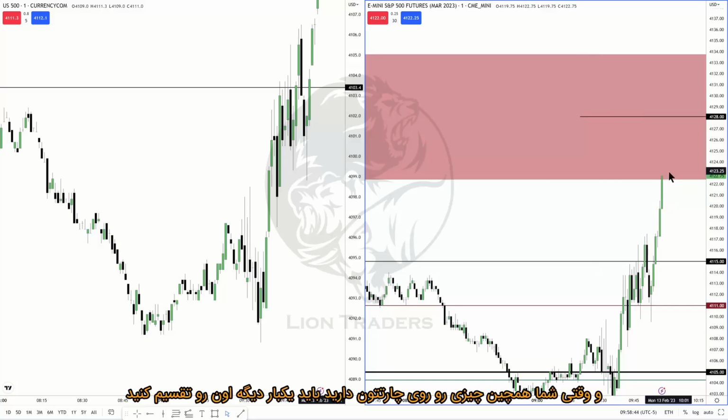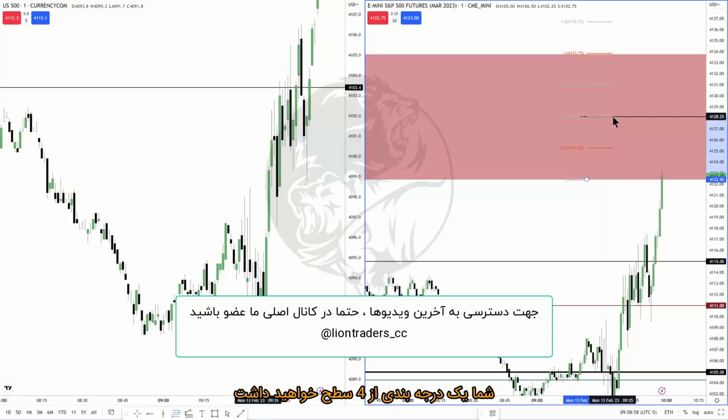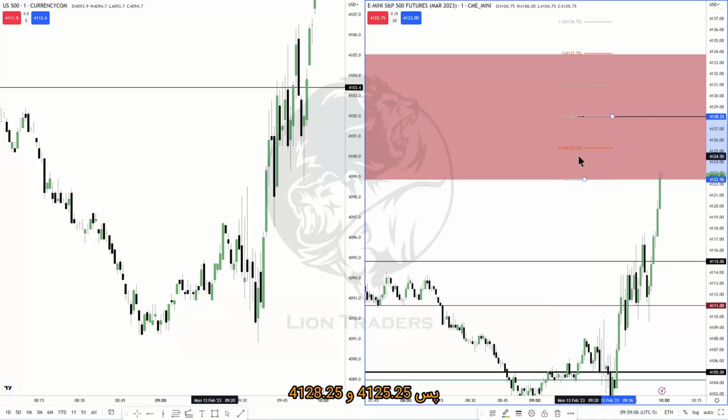And then when I have something like this, you want to split it once more, and you'll have a gradient of 4 levels. So we're going to look at 41.25.25 and 41.28.25.